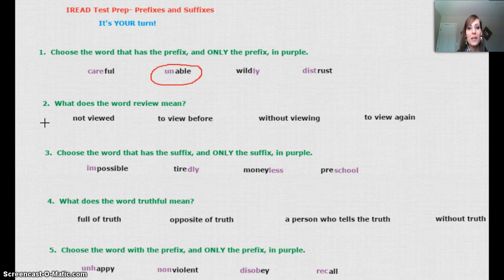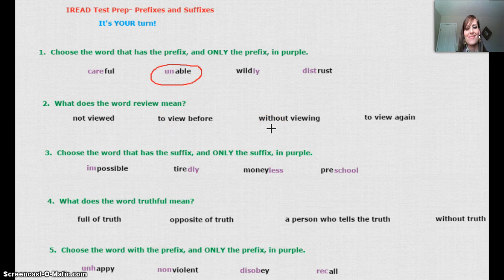What does the word review mean? View. Well, if you view something, like on TV, you're watching it. Well, what does it mean if you review something? Not viewed? No, I don't think so. To view before? That would be a preview, not review.